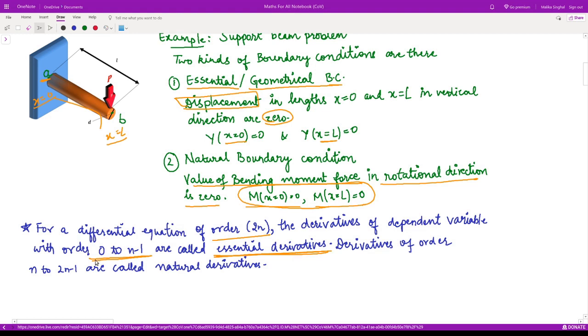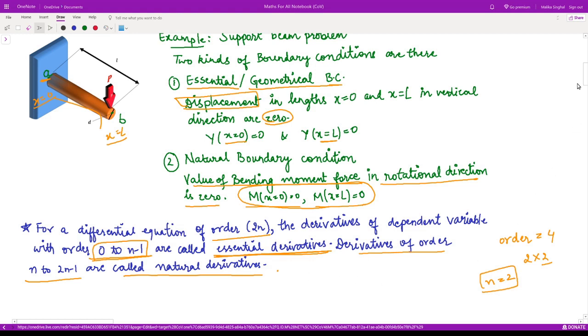The derivatives of order n to 2n minus 1 are called natural derivatives, and the associated conditions are known as natural boundary conditions. In our question, we have a differential equation of order 4, so I can write this as 2 into 2. So n is equal to 2 in our case.